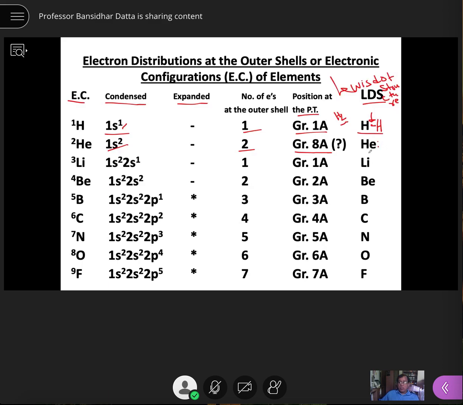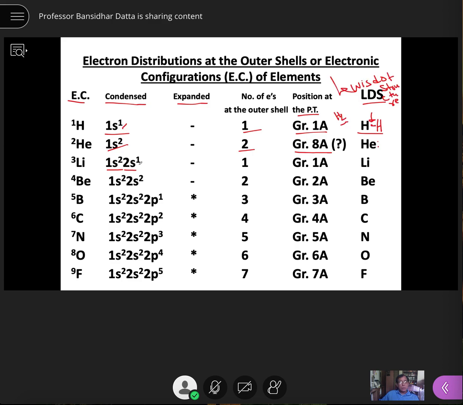They're inert gases. Now, atomic number 3: 3 protons in the nucleus holding 3 electrons in the extranuclear space. Therefore, in the electron distribution, the first shell is filled up and the outer shell is now 2s. Remember the diagram I showed you, the cross section of the atomic structure. Now 1s is filled up, it goes to the second energy level, 2s1, because it has only 3 electrons.